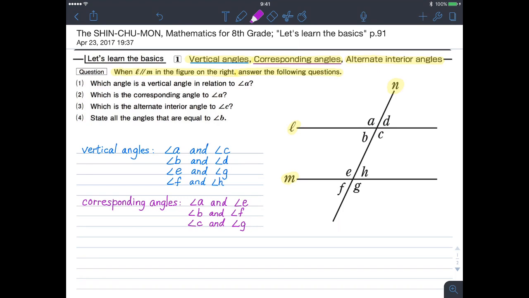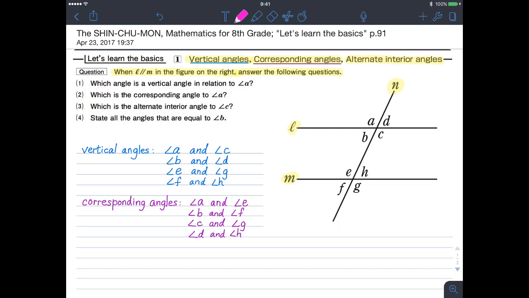You will notice that angle D and angle H are in a similar relationship. Therefore, angle D and H are also corresponding angles. And since corresponding angles are equal, angle D and H are also equal.